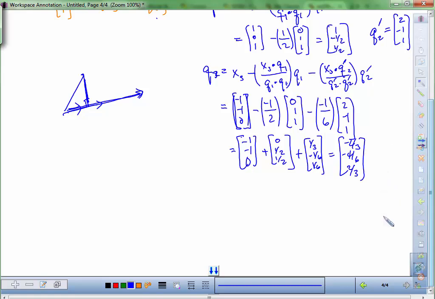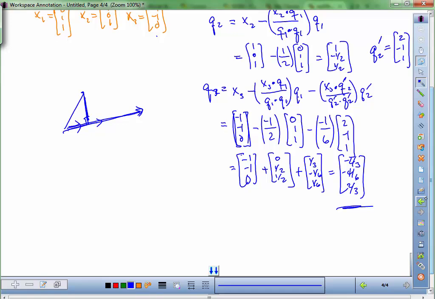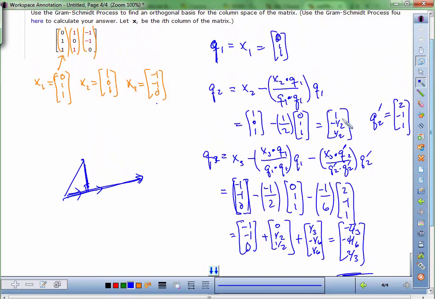So if we were doing this one more, then we might consider scaling this to make it an easier vector to work with. But we're done, so we can just leave it like this. So I think the answer could be a lot of different things. The first one being 0, 1, 1. The second one being either one of these, Q2 or Q2 prime.